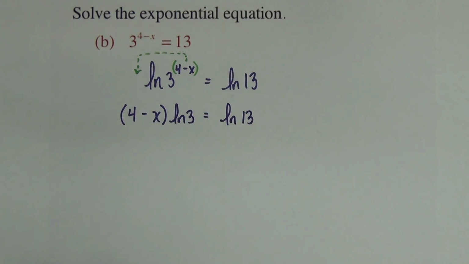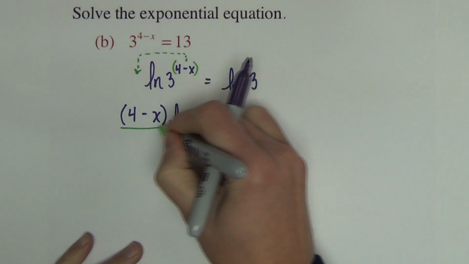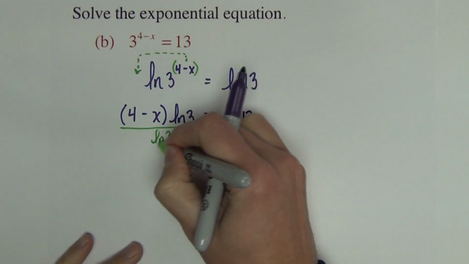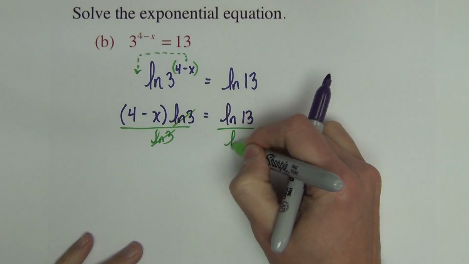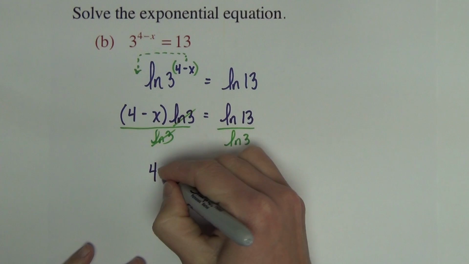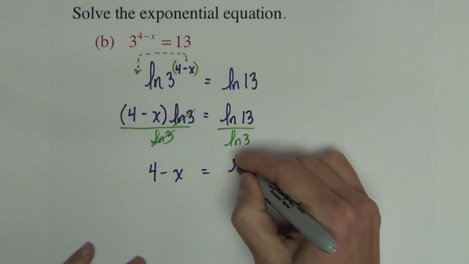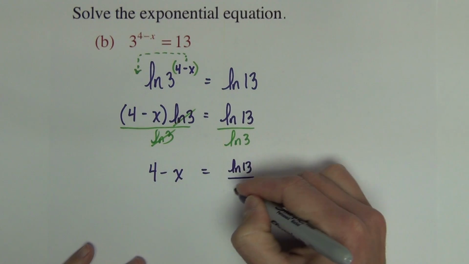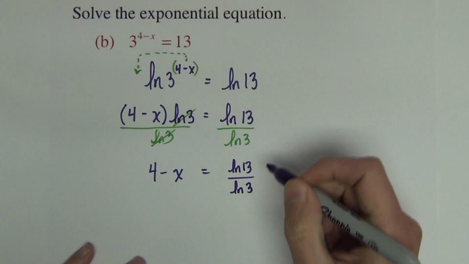Now we can divide off the natural log of 3. So that gives us 4 minus x equals the natural log of 13 divided by the natural log of 3.